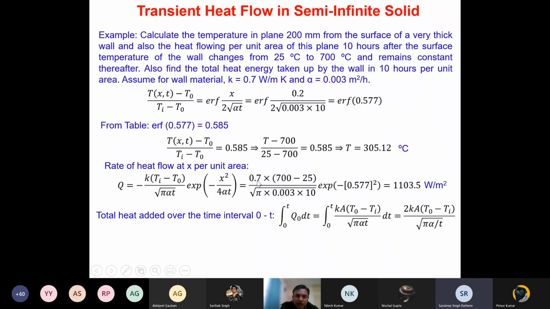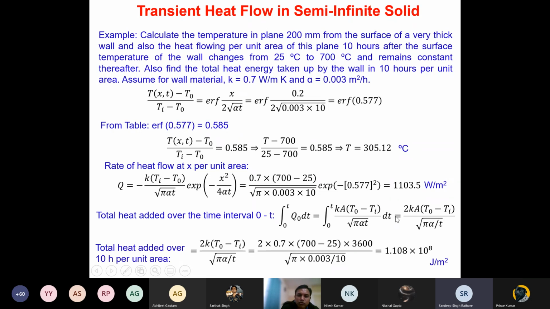Yes, sir. The total heat added over the time interval 0 to 10 hours, we have obtained by doing the integration here, isn't it? So that is given as 2 Ka (T naught minus Ti) under root pi alpha by T. Let's put all the values here. So if we put all the values here, then we get the total amount of heat added over the 10 hours per unit area.